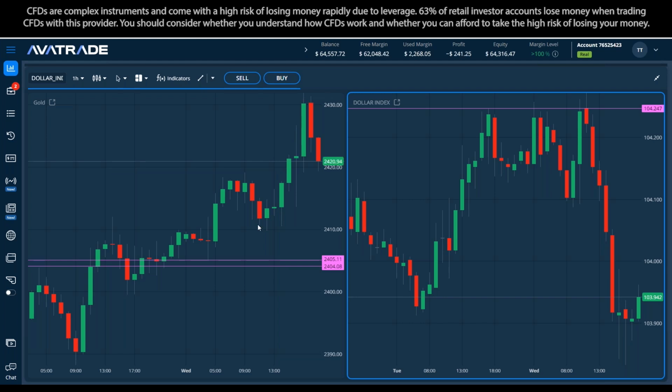So these 2 candles, dollar index up, gold down. These candles, dollar index dropped, gold went up. Okay, so you can get an idea that these tend to track in opposite directions.